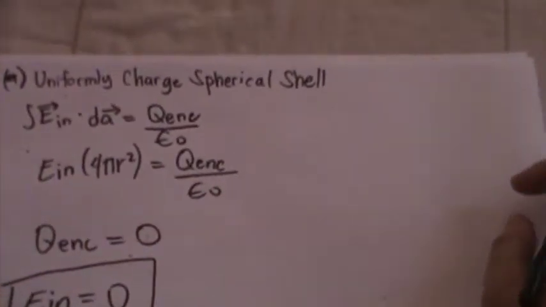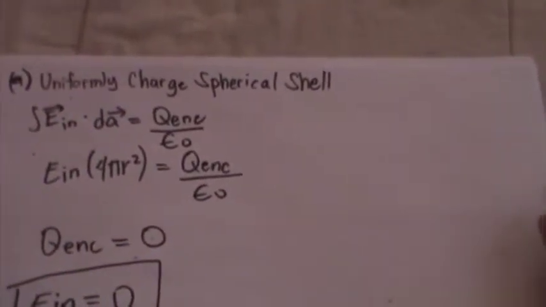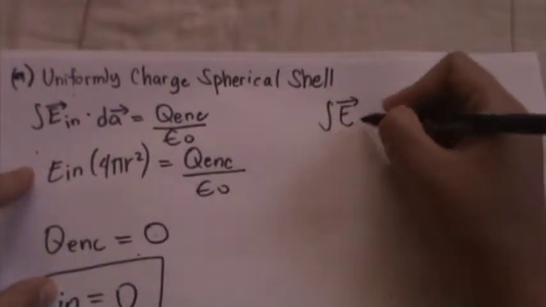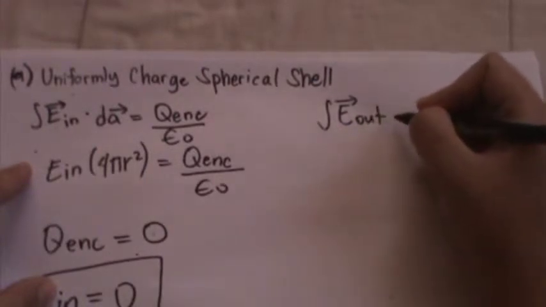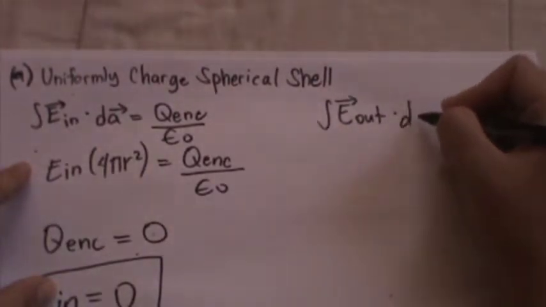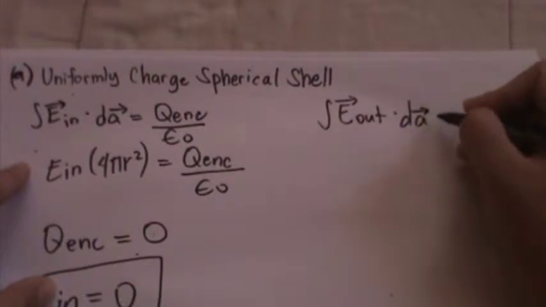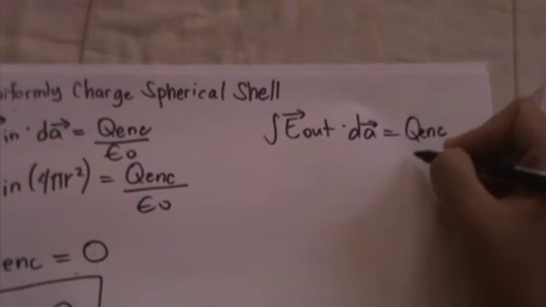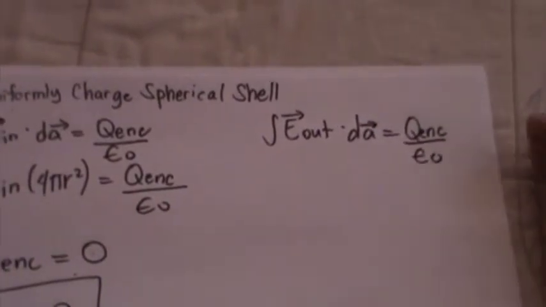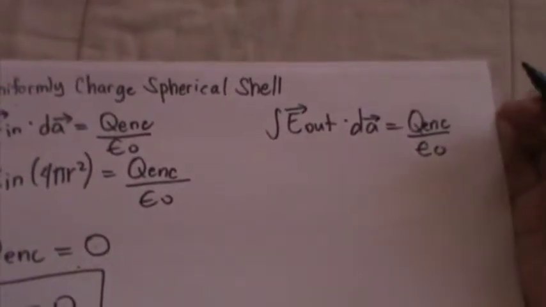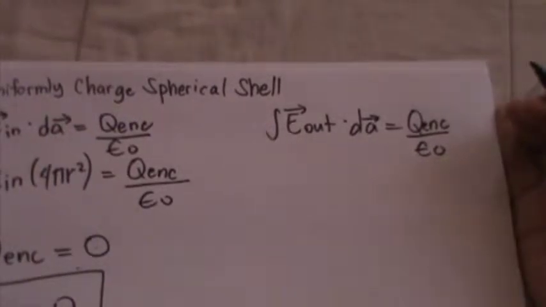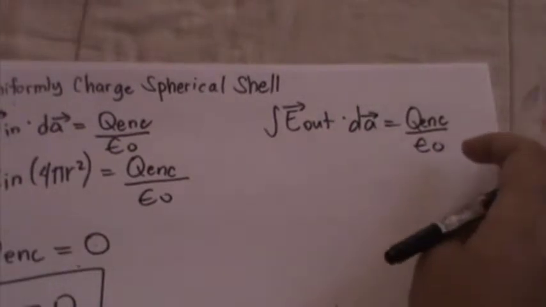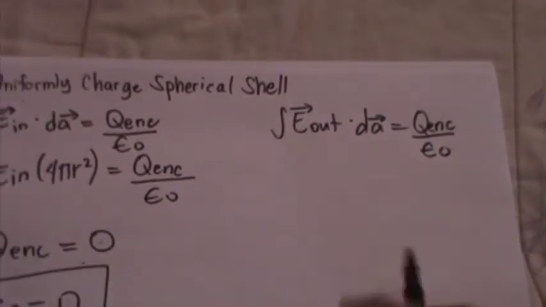So let us next solve the electric field outside. You have the integral of the electric field outside multiplied by dA is equal to Q enclosed over epsilon naught. Same as before, we will remove the arrowhead first so that we can manipulate the equation easily.